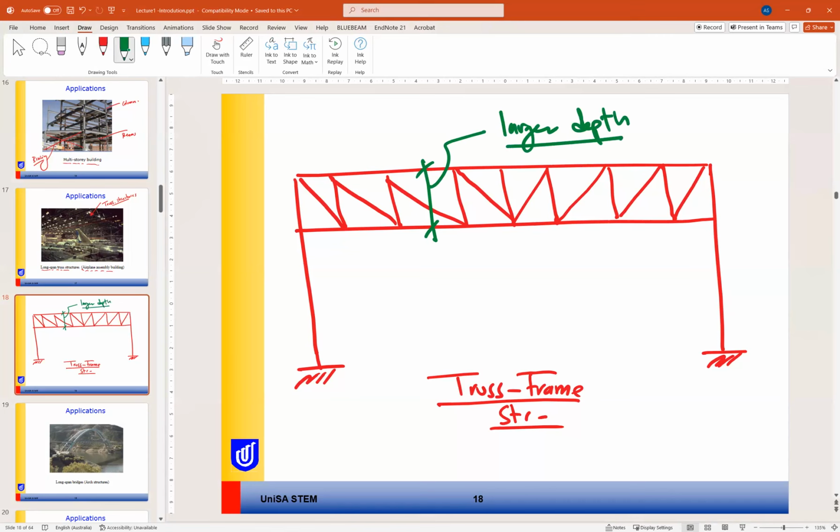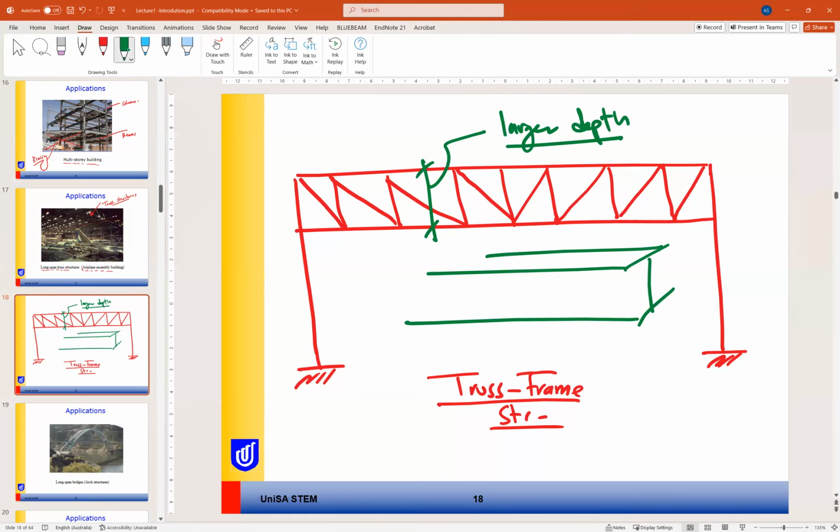If you make this frame as a solid I-beam, the first thing is it will be very heavy and also costly. So instead of using it as solid, we make it as hollow section. So with this truss, you just remove some of the material, but still have the same strength of the element. So this will give you a lighter option.